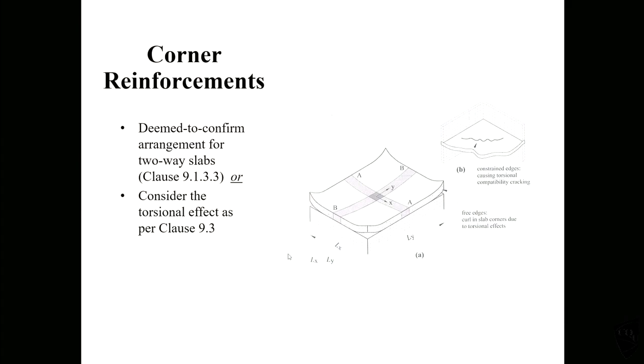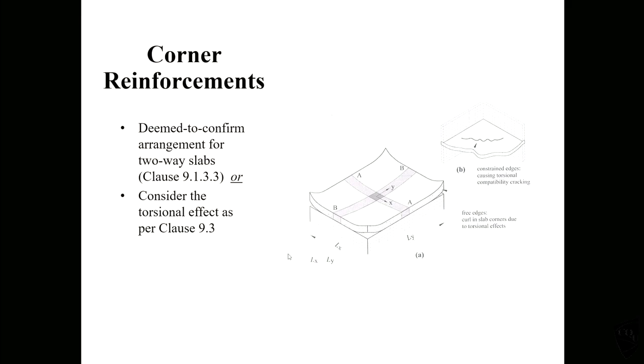X is the shortest span, Y is the longest span, not XY coordinates. So we have bending moment in X direction and Y direction, which is the shortest span and the longest span. In clause 6.10, there is a table and equation to get the bending moment in X and Y direction for two-way slabs. I will show that.